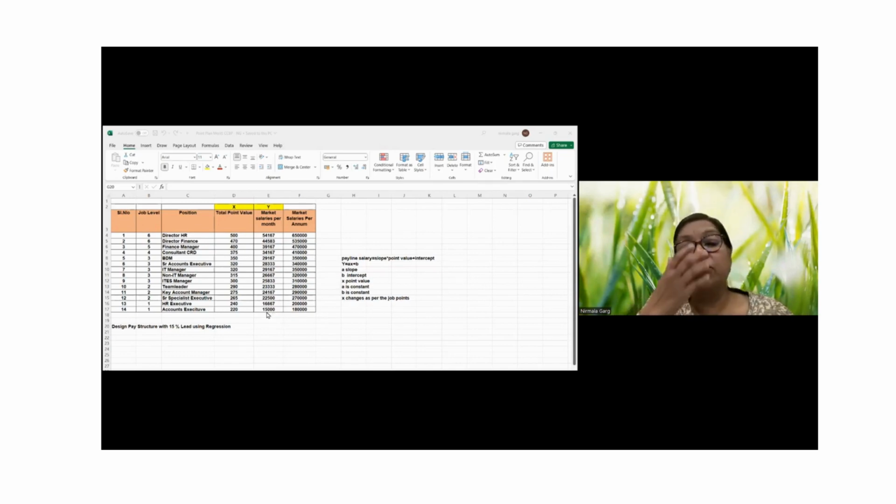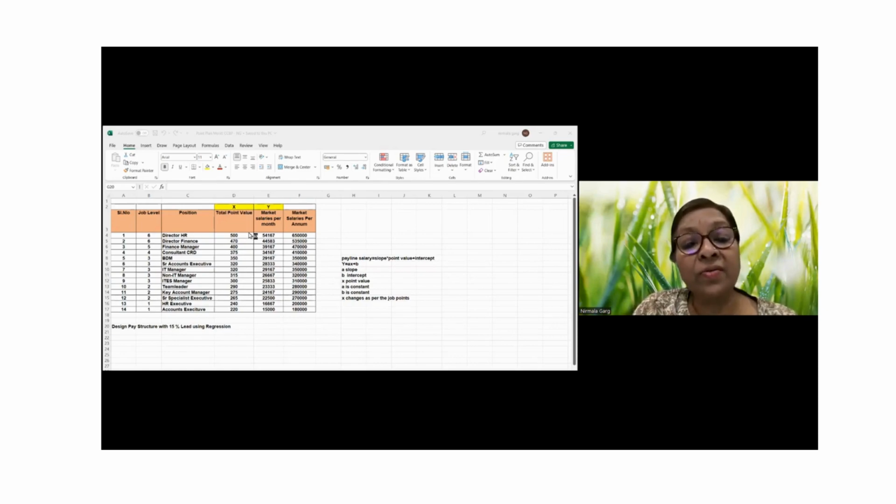All right, now let us do regression. First, the simplest way. To do regression, I have to calculate two values. What are they? Slope and intercept. And when I'm saying regression, I'm also looking at two sets of data.